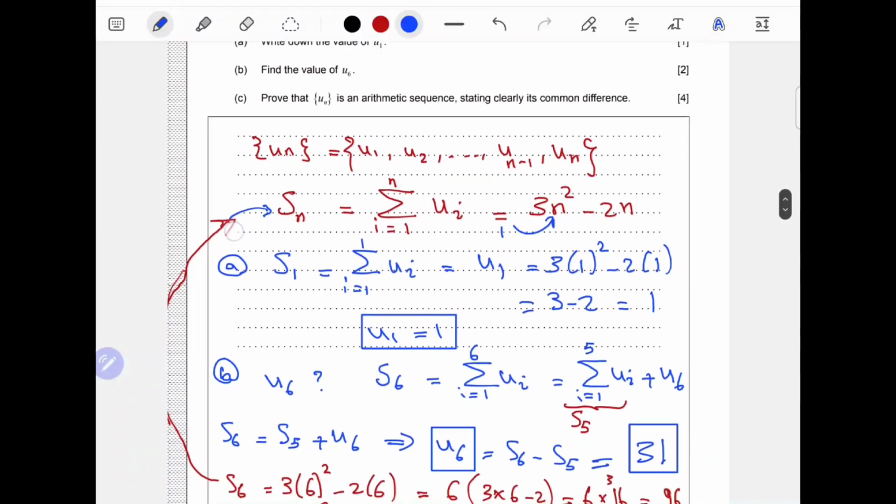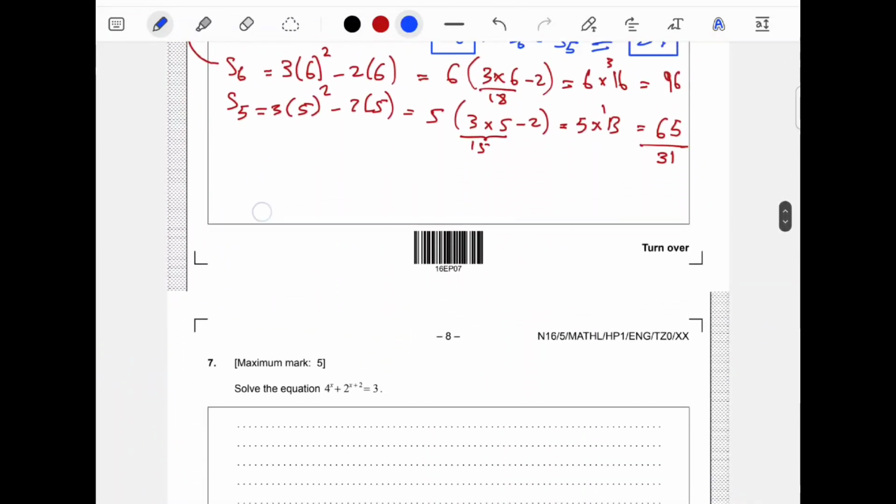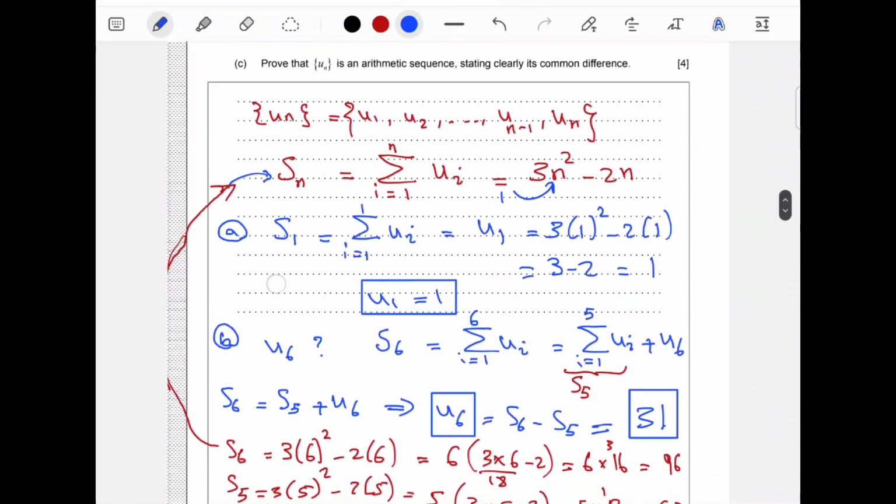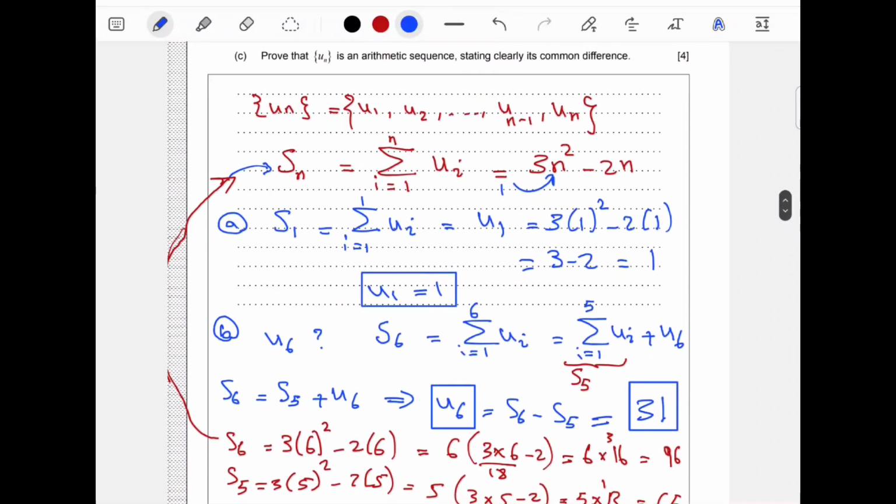Now, question C, prove that this sequence is an arithmetic sequence, stating clearly its common difference.